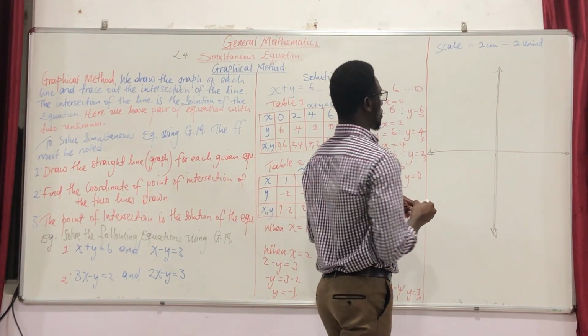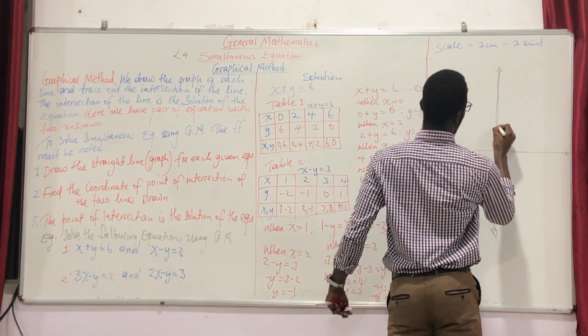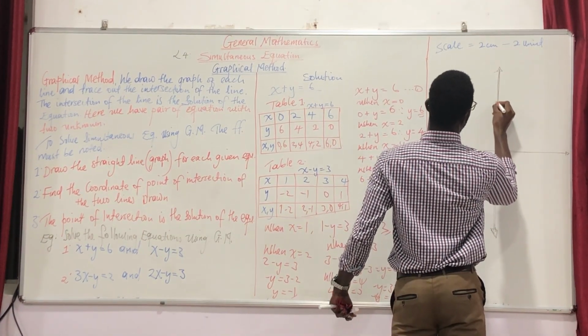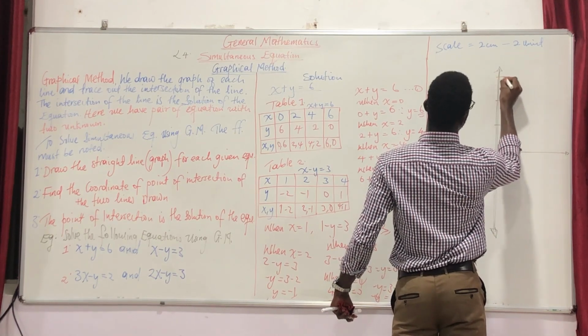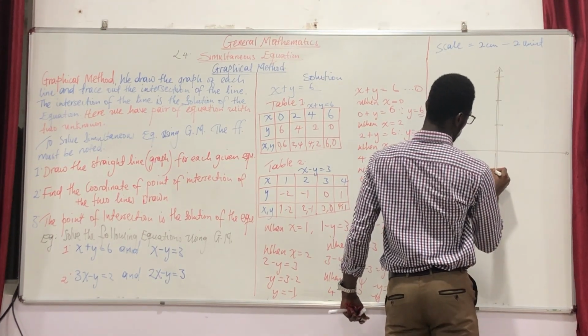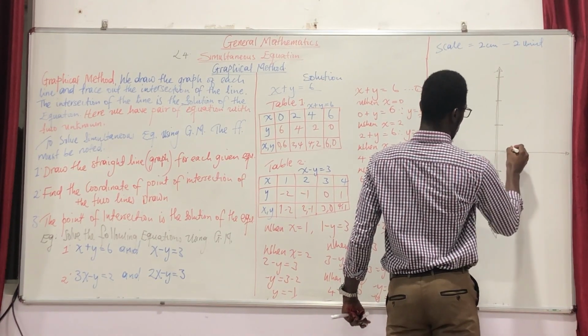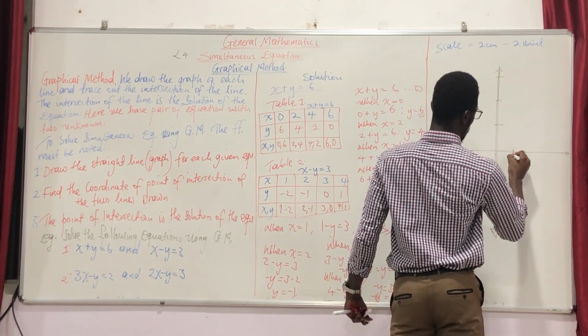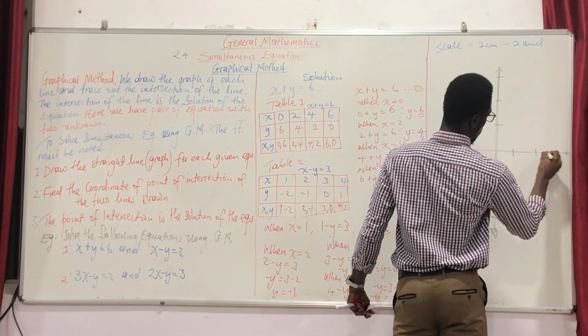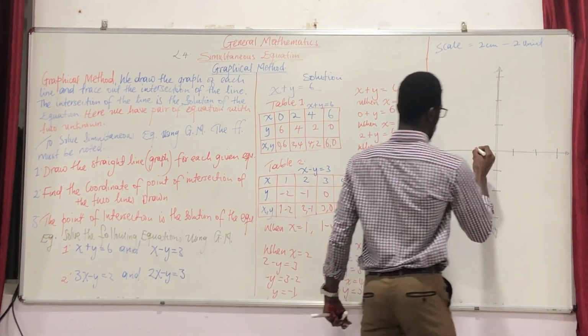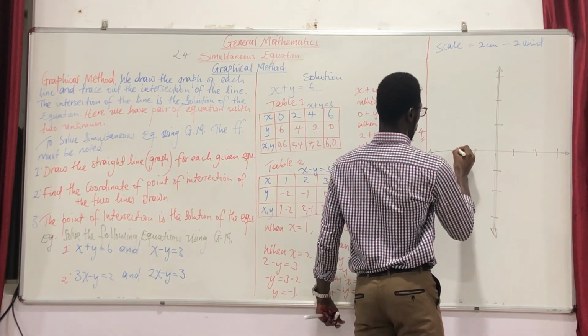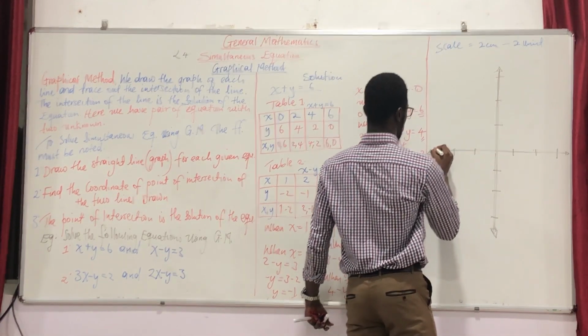So when we use 2 centimeters to 2 units, we say 2, 4, 6. This is 2, 4, then 6.